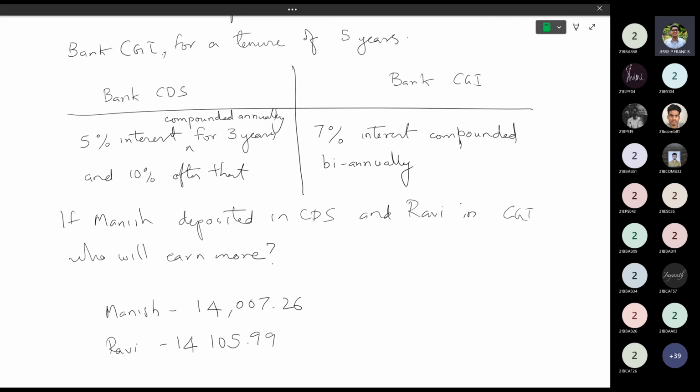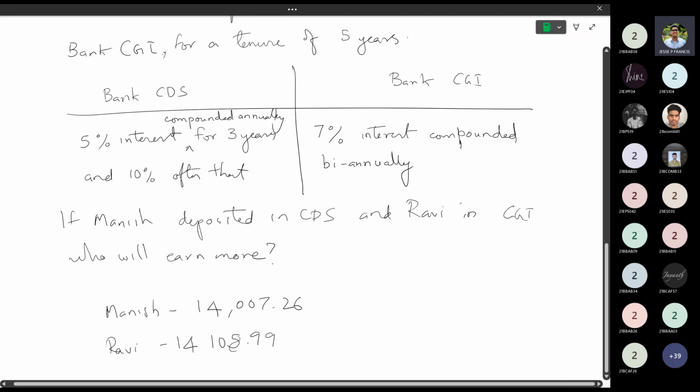That's because your calculator's precision is different, but approximately you'll get the same, similar answer. What about others? Manish, approximately 14,007 instead of 14,105 point something.